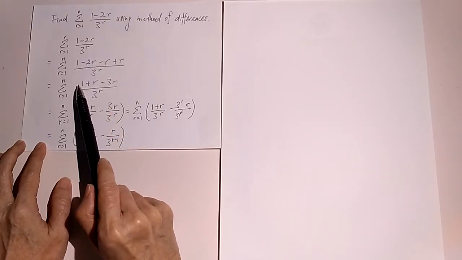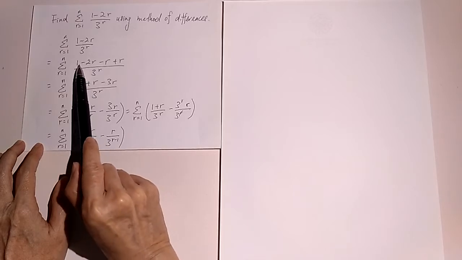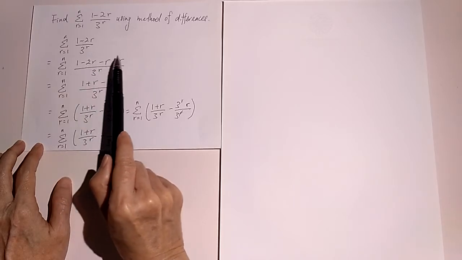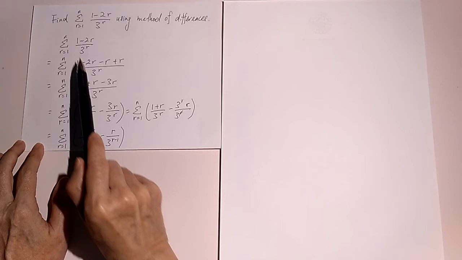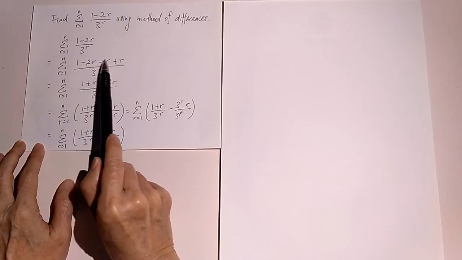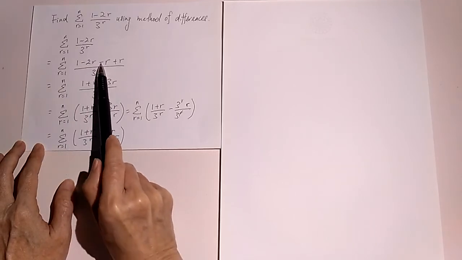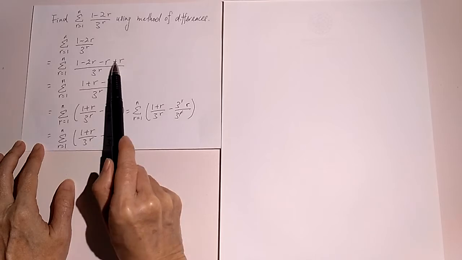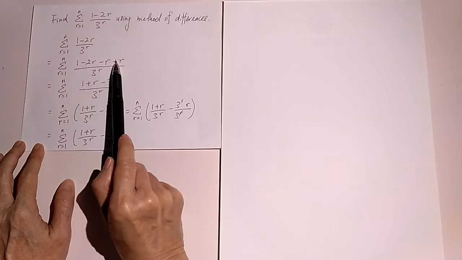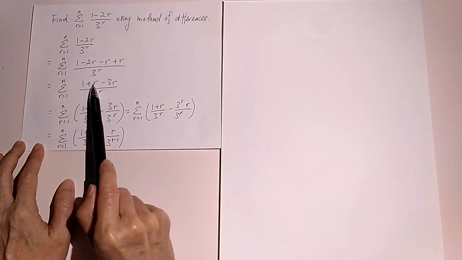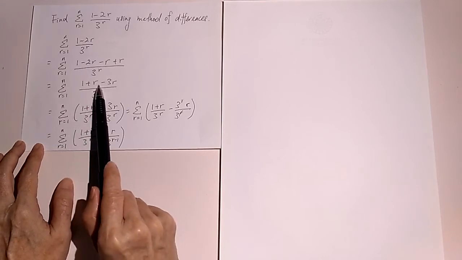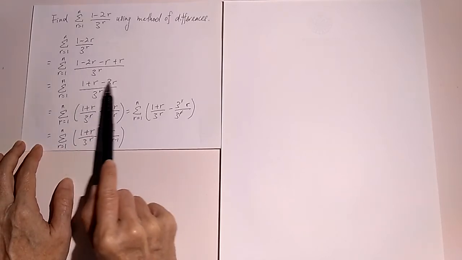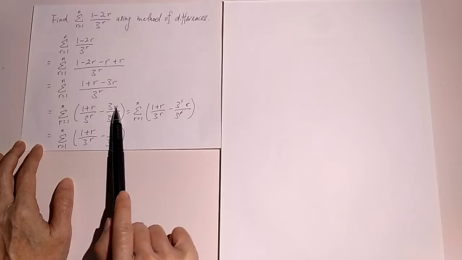So now I have 1 minus 2r minus r plus r. I combine minus 2r and minus r to become minus 3r, and then move the plus r to the front, so 1 plus r.